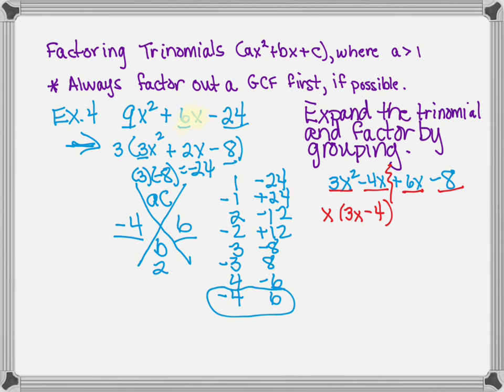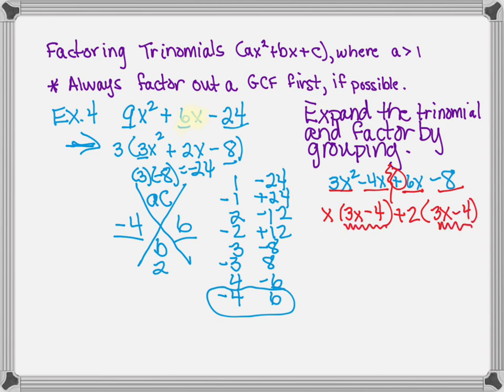My greatest common factor here is positive, because my third term is positive, so that means I'm going to have a positive number for my GCF. So 6 and 8, I'm going to have 2 as my GCF, but again, because my third term was positive, it's going to be a positive 2 as my GCF. So if I factor a 2 out of both of those terms, 6x divided by 2 is 3x. Negative 8 divided by 2 is negative 4.